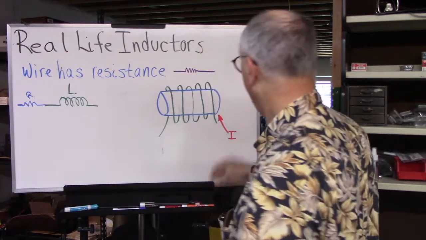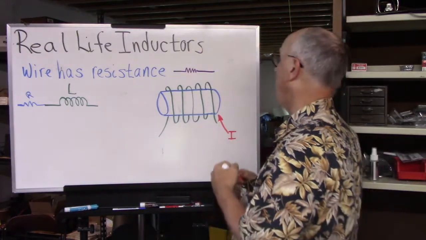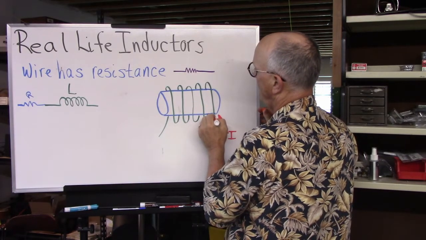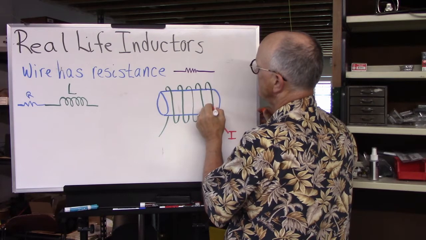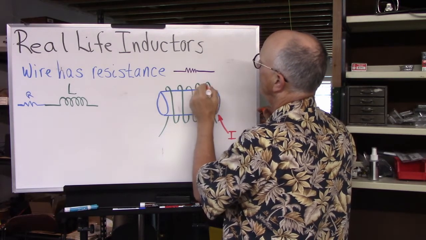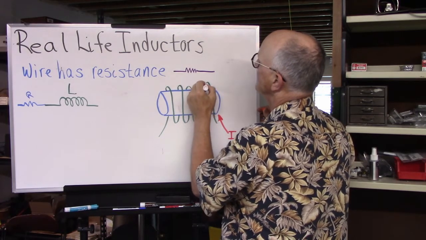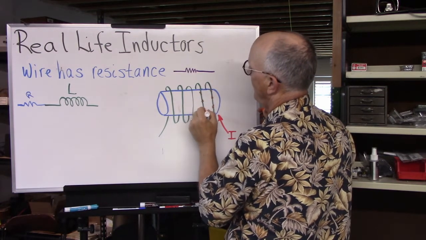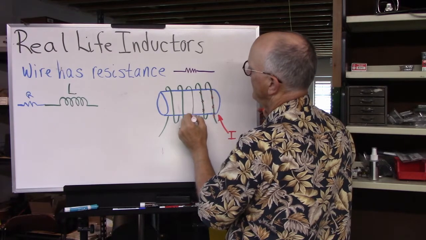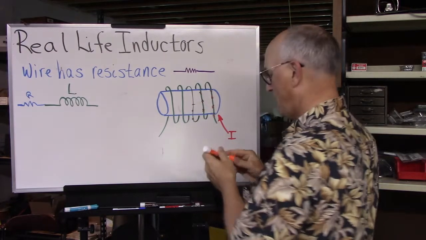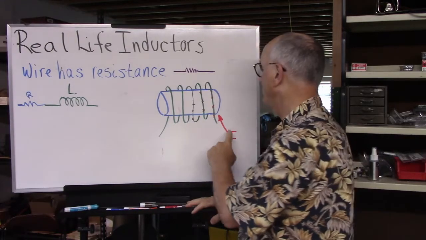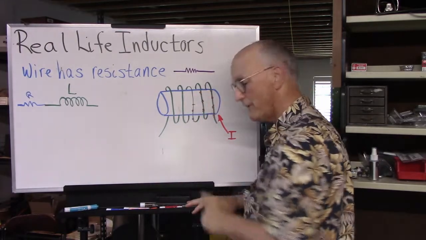And so we have a coil of wire here, and we have essentially a bunch of series resistors that make up this coil, right? Now we have a bunch of series resistors. We have current flowing through the wire.